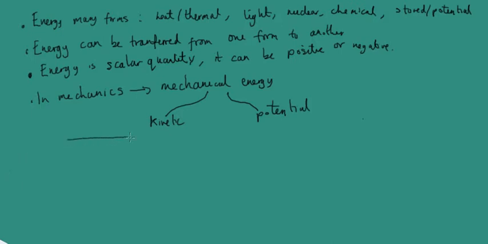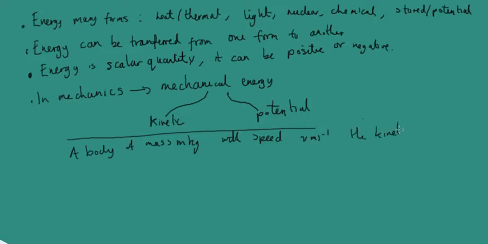Now, if we have a body of mass m kilograms with speed v meters per second, the kinetic energy is going to be given by half times the mass times v squared.